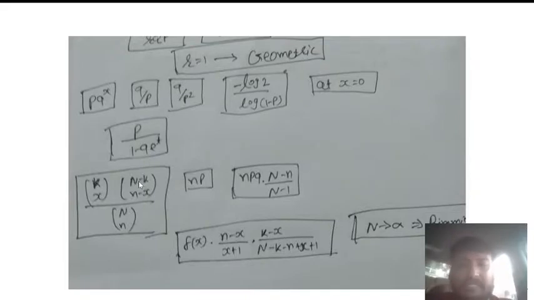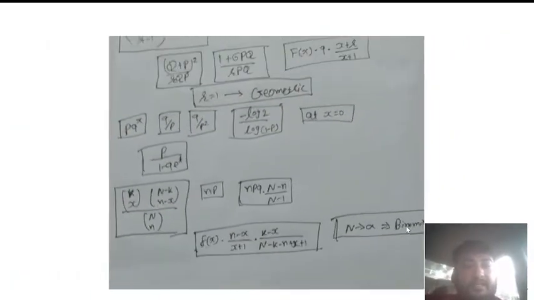So just for the sake of remembering, say it n minus k minus n plus x plus additional 1, as if we are putting x plus 1 here. So this is the recurrence formula of the hypergeometric distribution. F of x plus 1 is equal to f of x into n minus x upon x plus 1, a similar term that was in the binomial distribution, into k minus x upon n minus k minus n plus x plus 1.